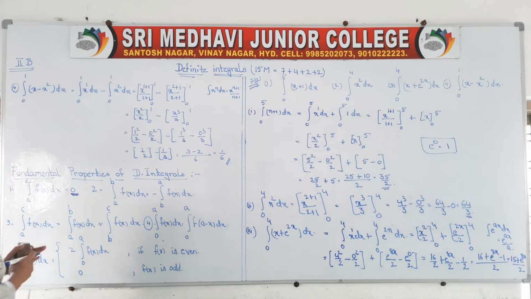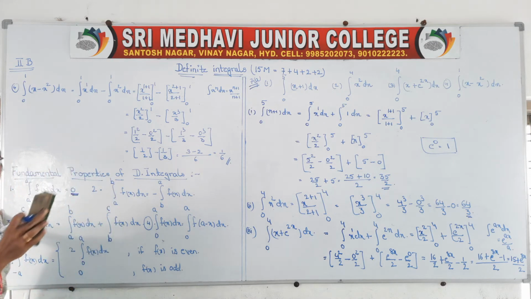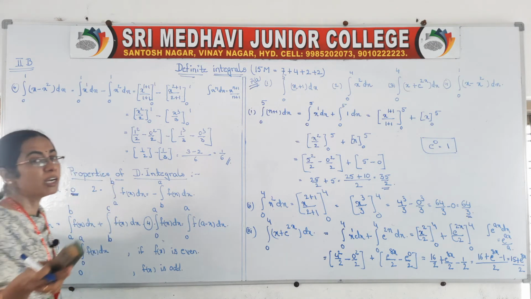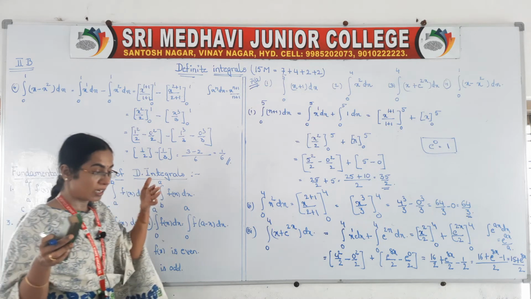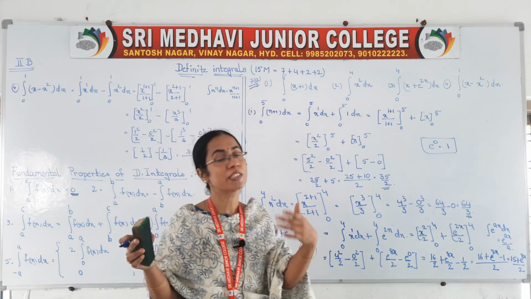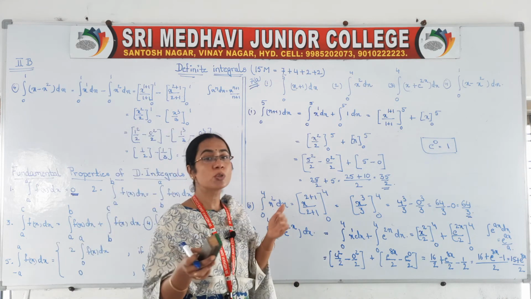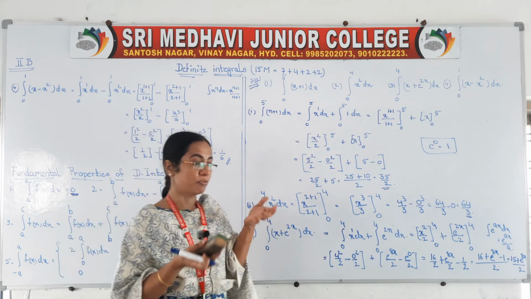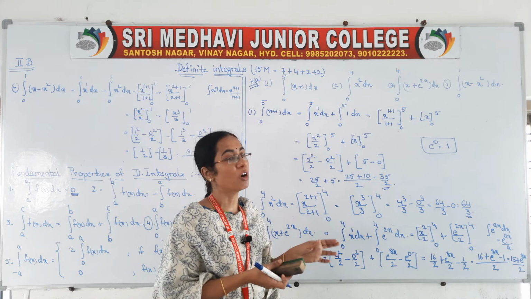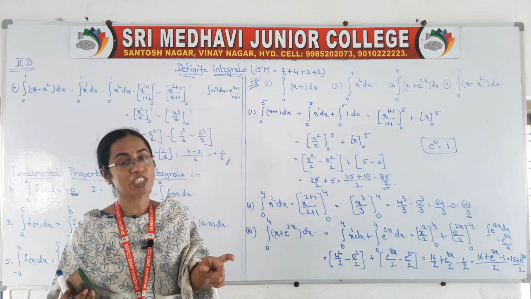So very simple. For definite integrals, first we have to take the formula as in our normal integration. What is the difference between a definite integral and an indefinite integral? In indefinite integrals, we don't know the limits of the x value, that is, from which value of x to which value of x we have to find the function value.